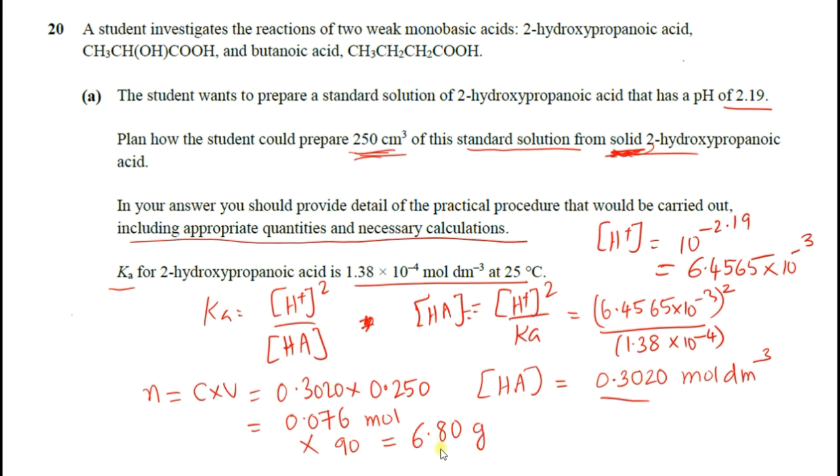So 6.80 grams. The student has to take 6.80 grams of this acid, dissolve it in a smaller volume, not straight away 250, and then make it up to 250 in a standard solution. That's how you work out and show the quantities involved.